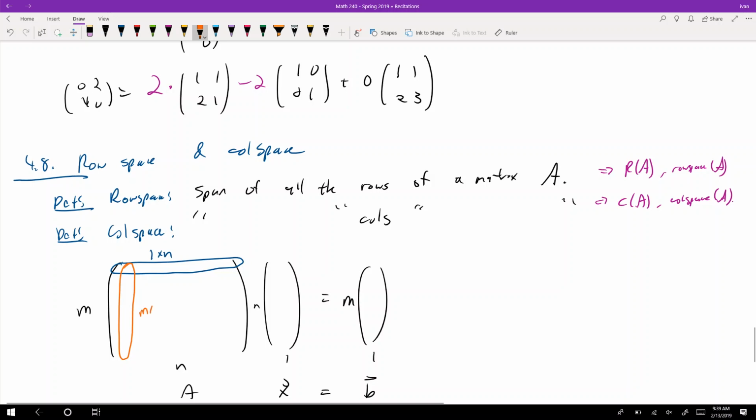It's an m by 1 vector. What does this mean? This means that row space is a subspace of R^n. Column space is a subspace of R^m. Okay?